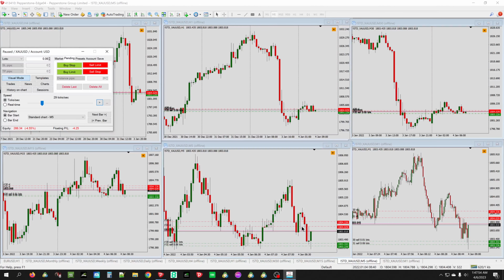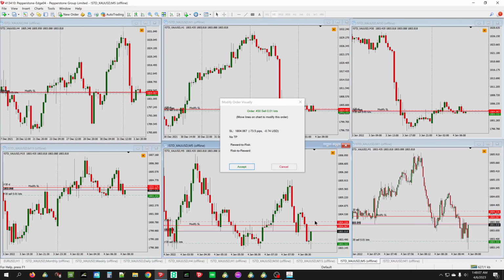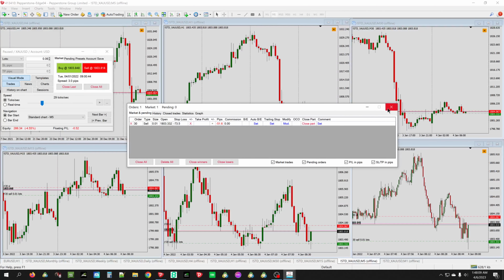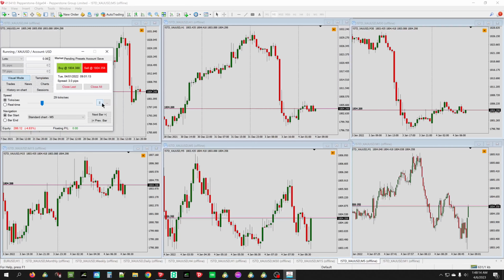All right, we moved down in first few seconds and came back inside the range. At this point, there is no point of holding this trade, and I move stop loss above previous candle high. And now we will wait. All right.